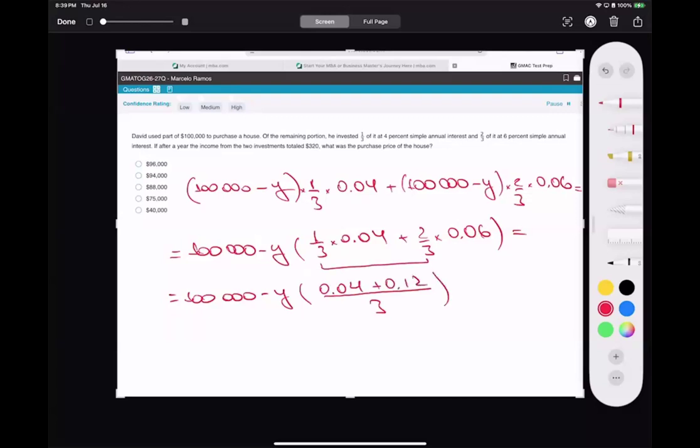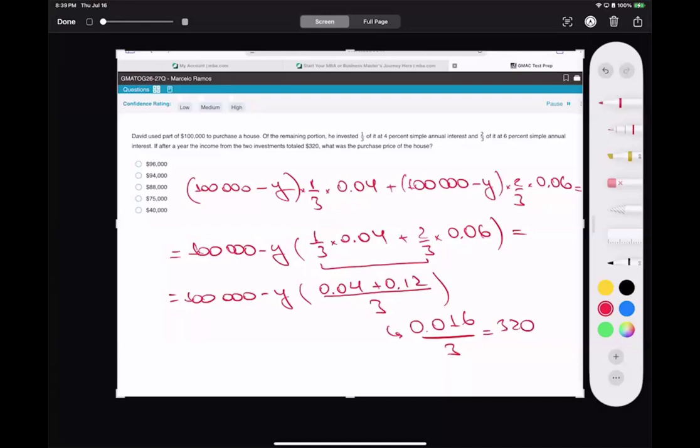Is that okay for you guys? 0.016 divided by 3. This is 320.